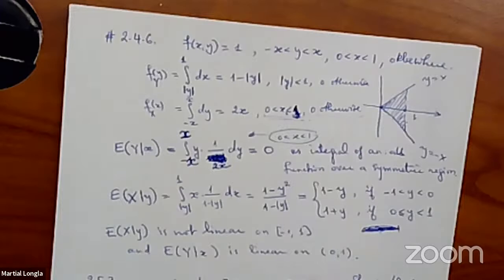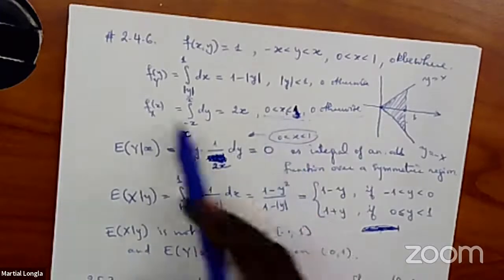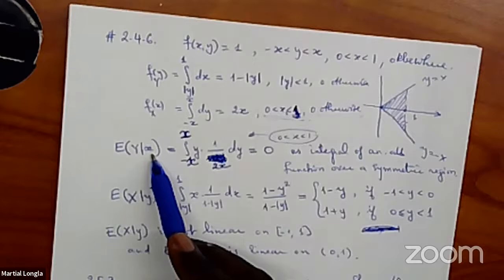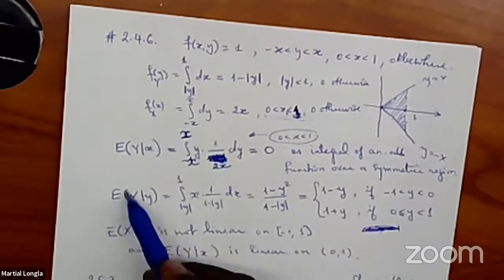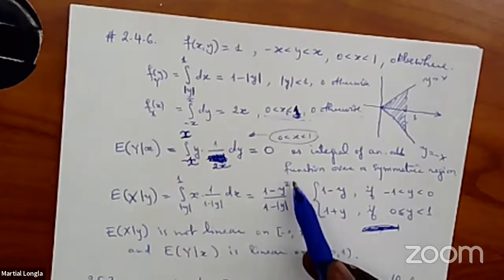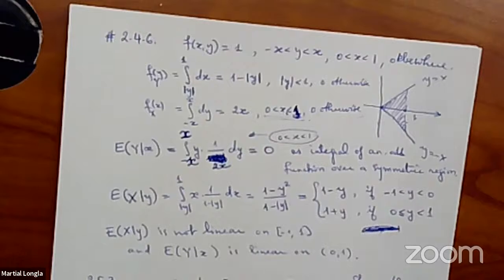If I say expected value of y given x equals 3, that expected value is 0. If I say expected value of x given y equals 2, that expected value as well is 0. It's in no way equal to what is written here. So you need to always make sure that you remember the range that you're working with in the problem.